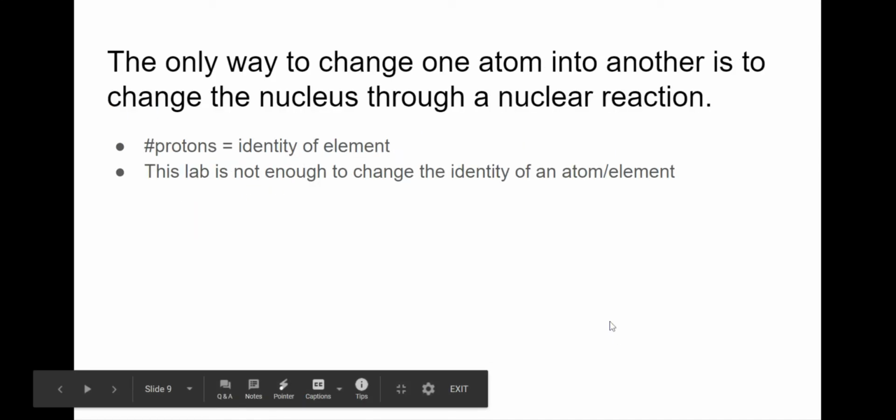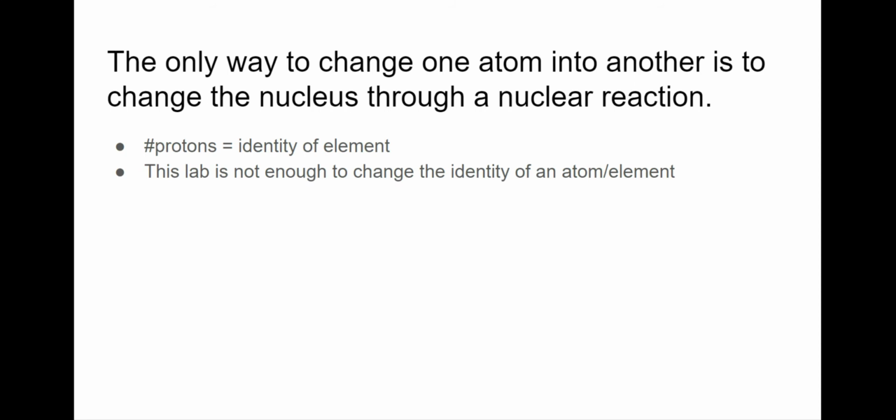The only way to change one atom into another is to change a nucleus through a nuclear reaction. So the number of protons in the nucleus determines the identity of an atom. Changing the number of protons does change the identity of the atom. However, a nuclear change requires either a radioactive nucleus or some other type of specialized conditions.